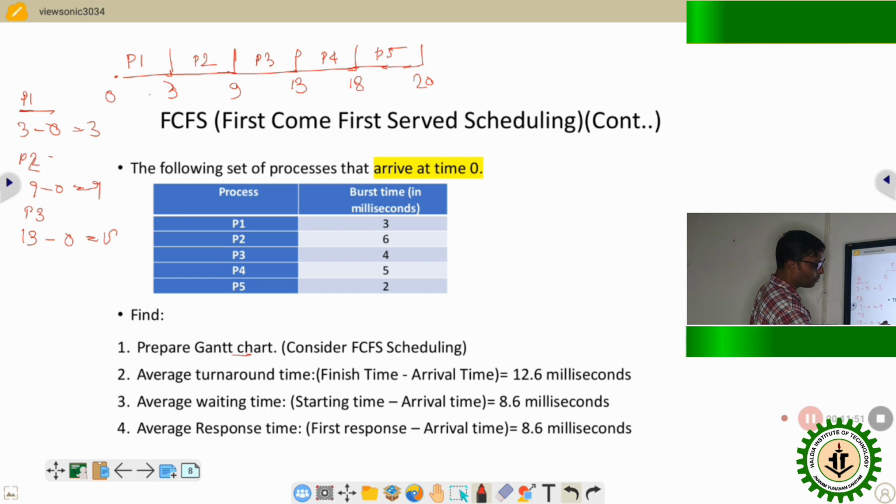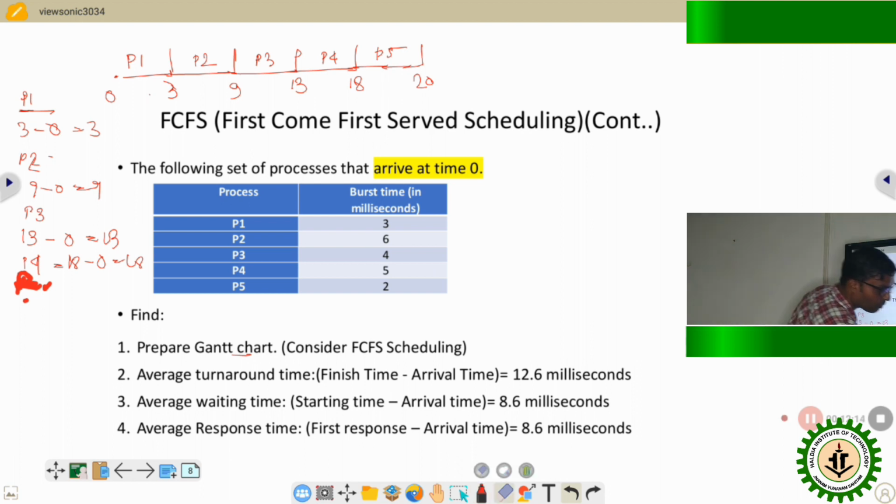Process P4 finish time is 18 minus arrival time 0, so it is 18. Process P5 finish time is 20, arrival time is 0.